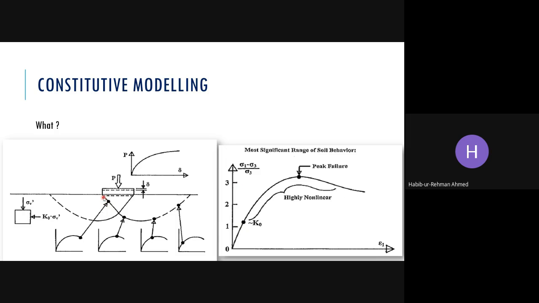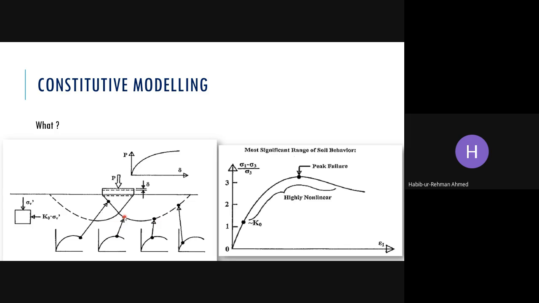When we do analysis based on Terzaghi's theory, we consider there is a plastic failure along the whole length of this line. But this is not true. This point over here is still maybe very close to the elastic line, and here it has moved to the elastoplastic line.